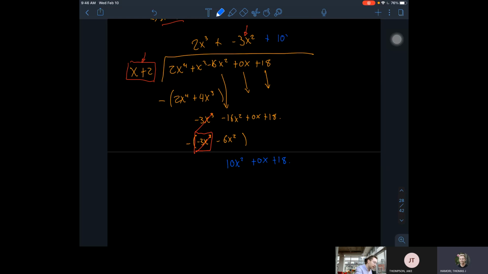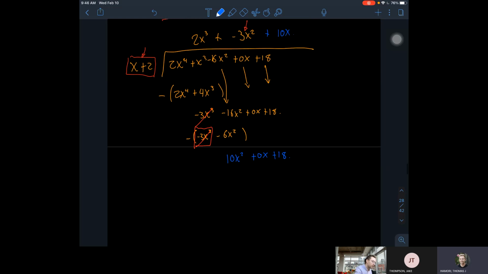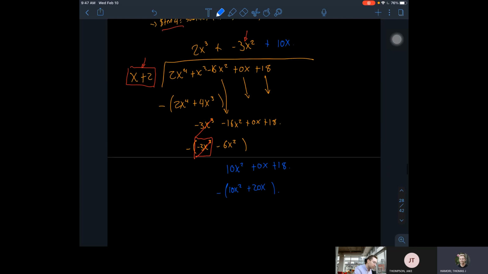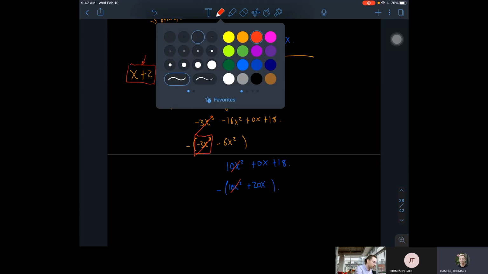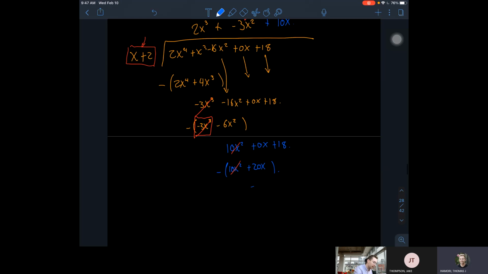So I'm going to put 10x here, so that when I subtract and I multiply x plus 2 times 10x, I'll get 10x squared plus 20x. And because of the way that I chose 10x as my next term in my quotient, these things are going to again cancel, and I'm going to be able to continue the process.